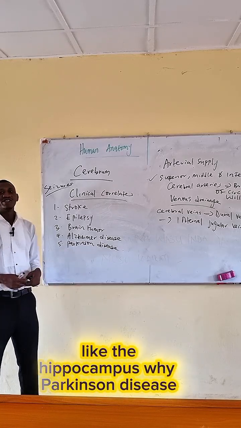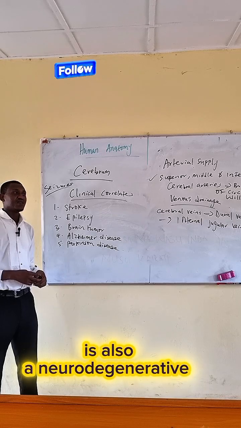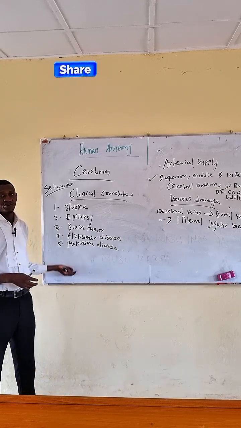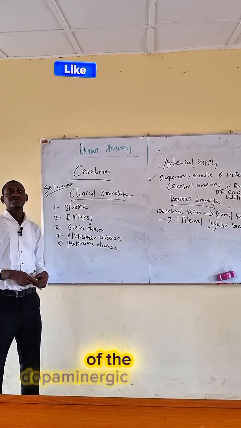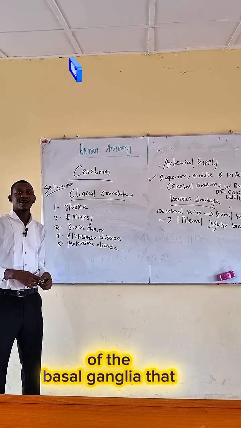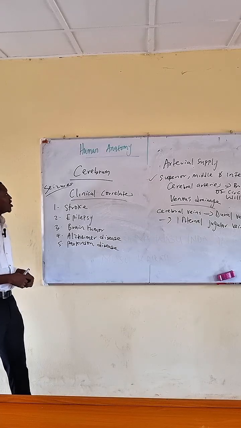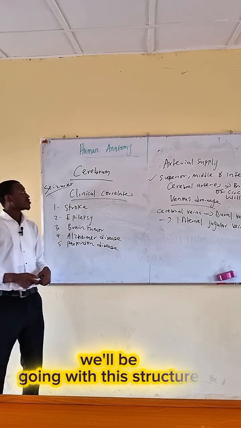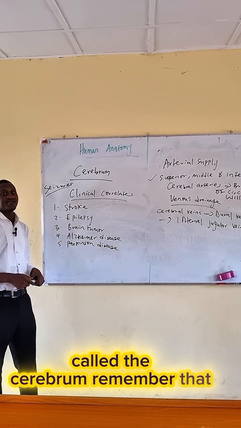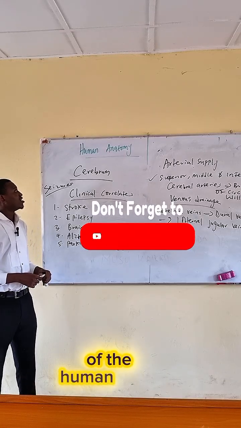While Parkinson's disease is also a neurodegenerative disease whereby there's a progressive damage of the dopaminergic neurons in the substantia nigra of the basal ganglia that lies within the cerebrum. So this is how far we'll be going with this structure called the cerebrum. Remember that it is the largest part of the human brain.